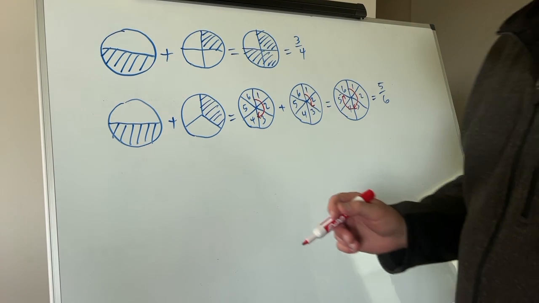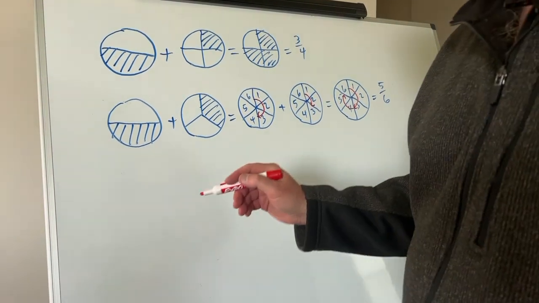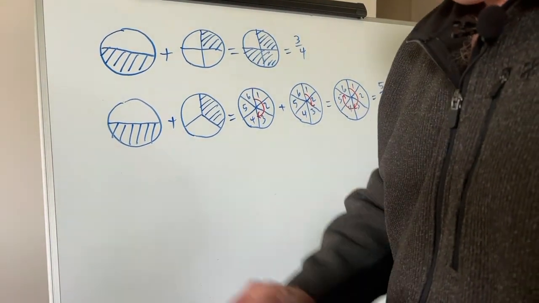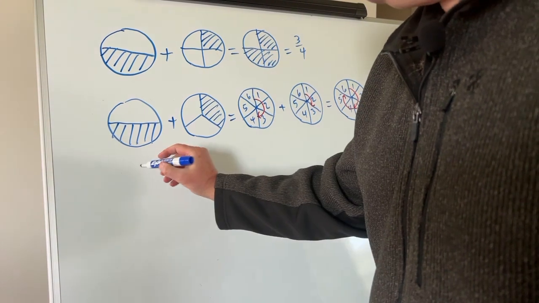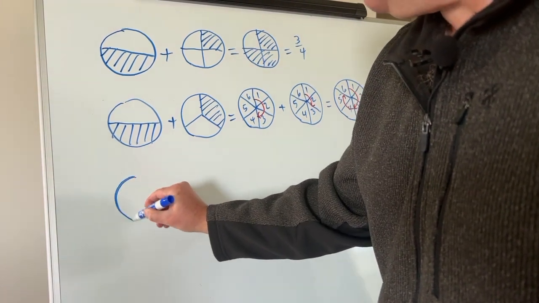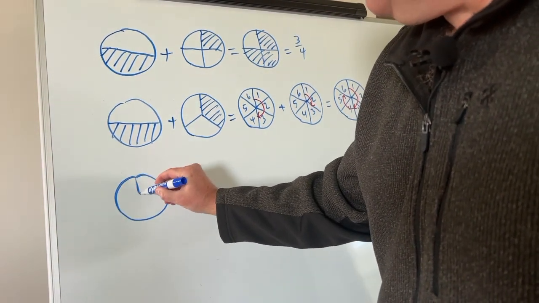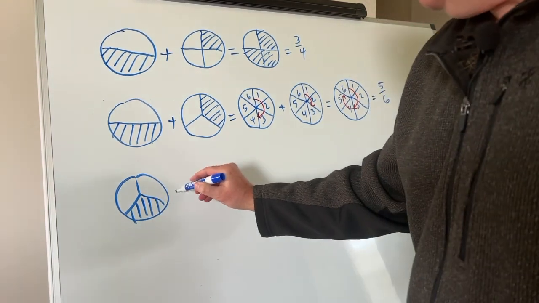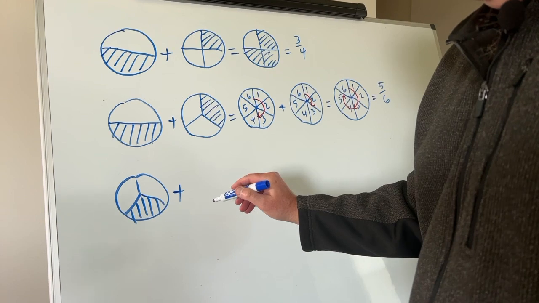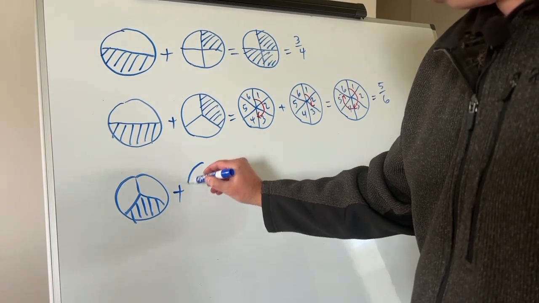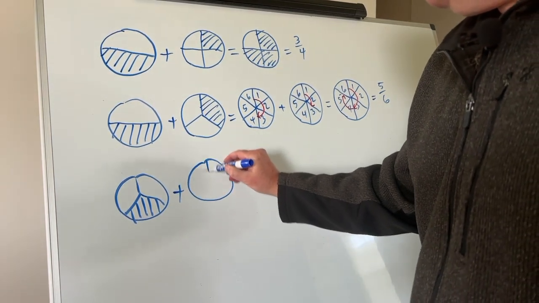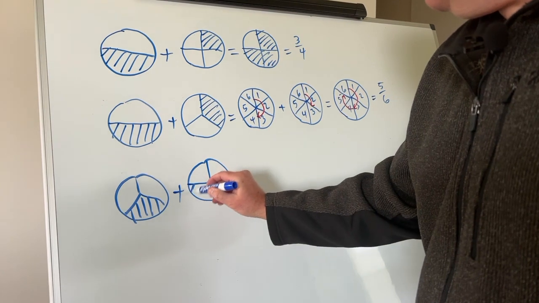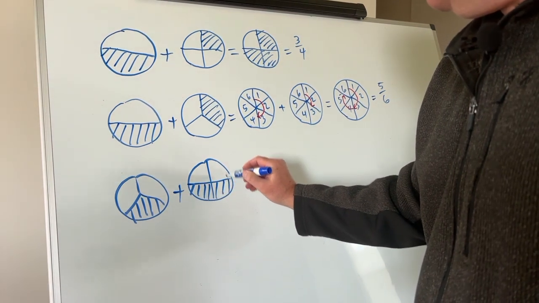Now the next example, getting a little even more complicated, is going to be 1/3 plus 3/4 equals.